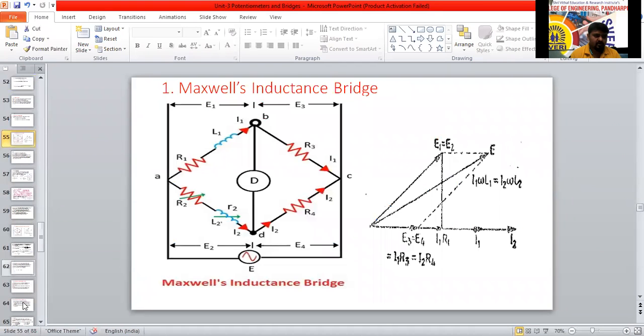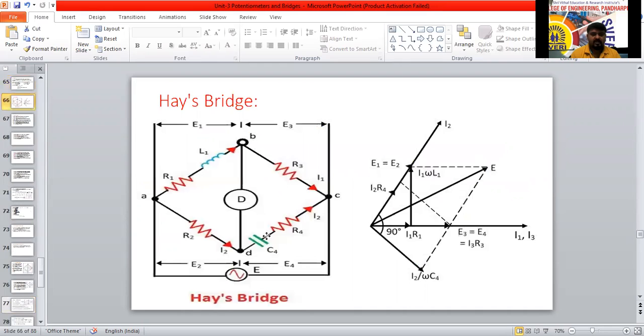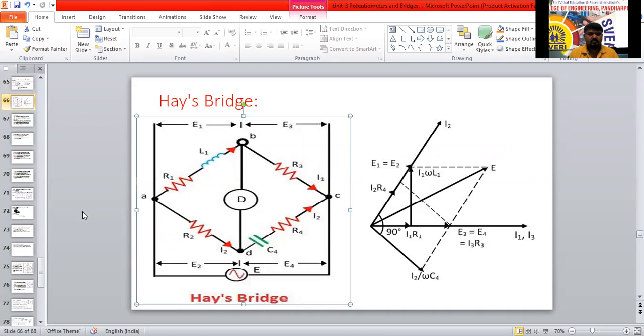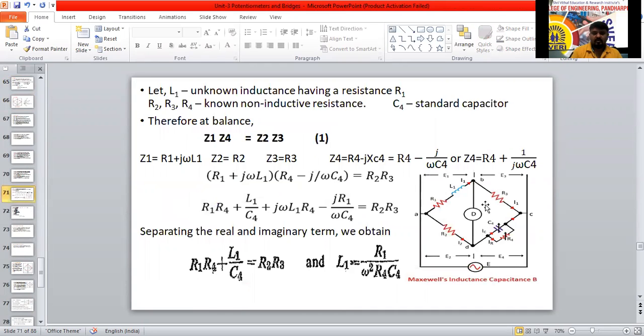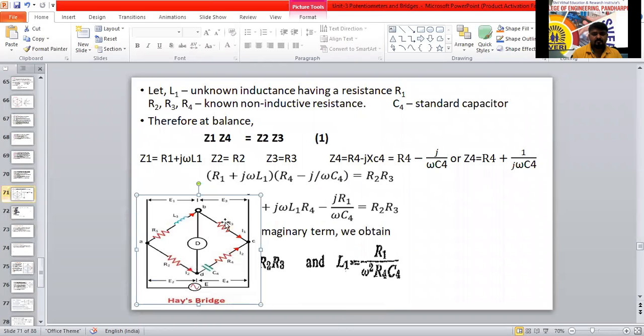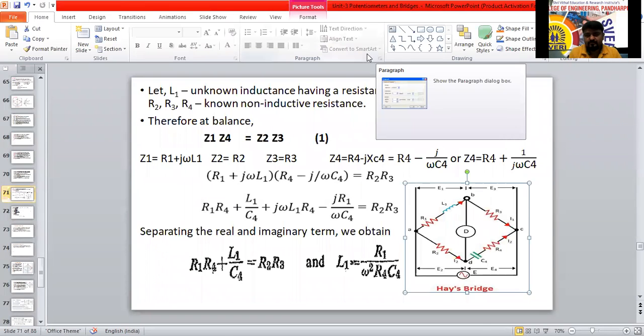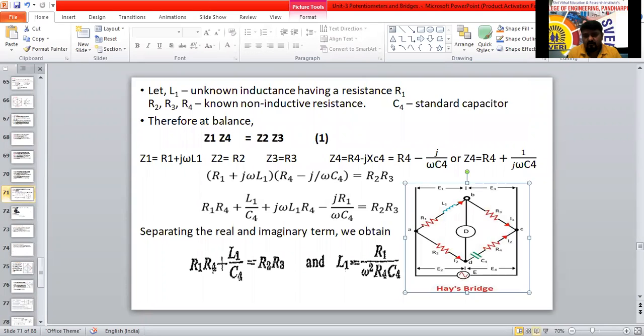Explain inductance page. Okay. This diagram I have to take. I remove this one. Paste this one. Rule number 10 is joining now. Already half an hour late.